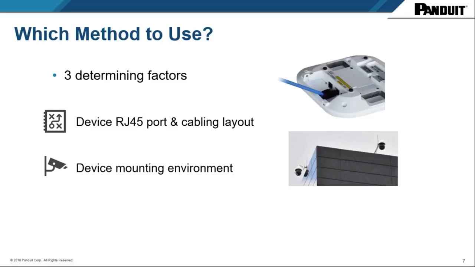The second factor that's key in determining is the device mounting environment. And by this, we mean everything from whether it's indoor or outdoor, to whether it's located on a drop ceiling, located above a drop ceiling, located on a wall.